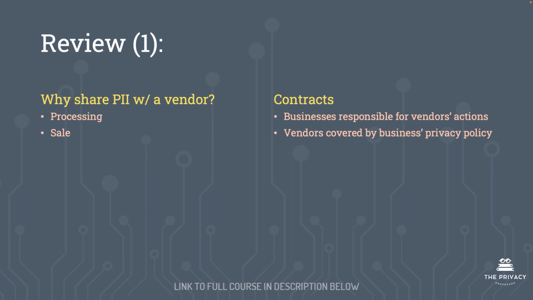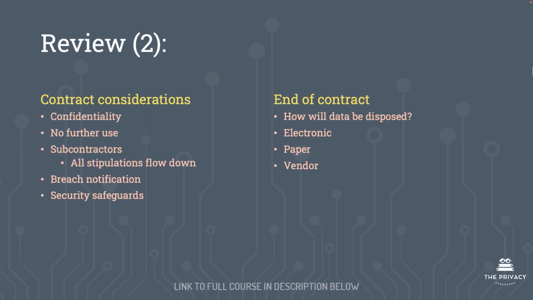And so contracts should be in place and vendors should be covered by the business's privacy policy. When sharing personal data with vendors, considerations include confidentiality, no further use, that subcontractors are held to the same standards as contractors or vendors, breach notification, and security safeguards.